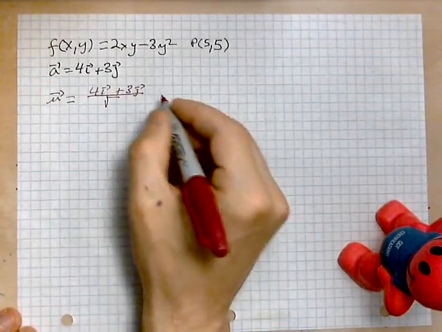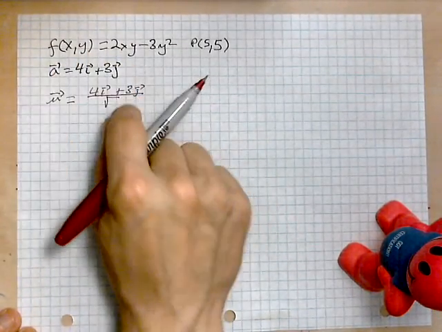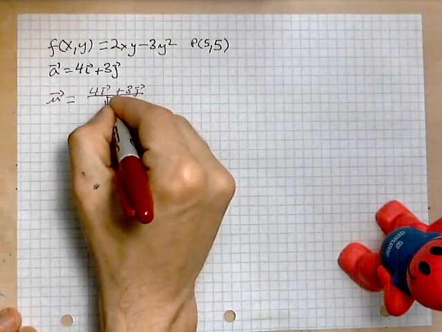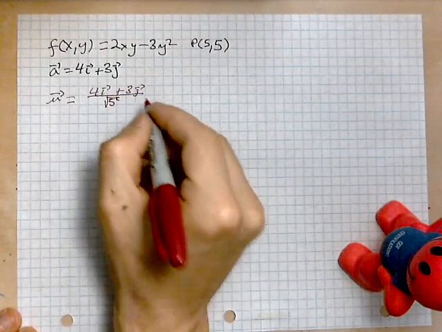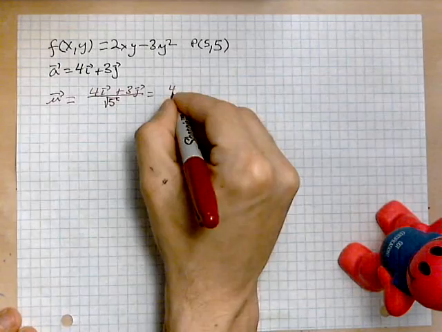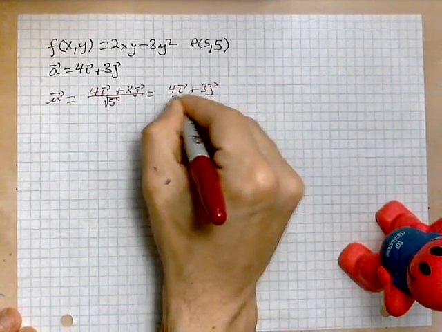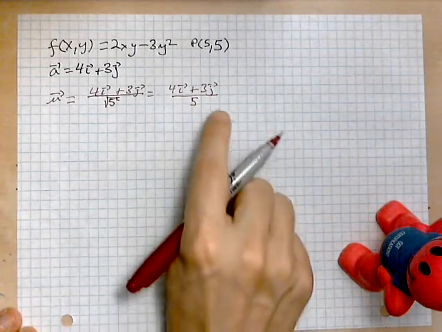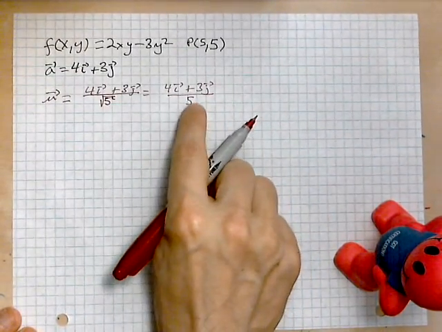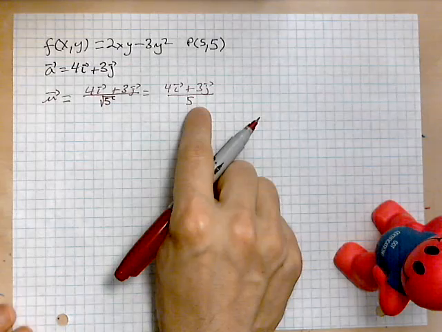This is a common 3, 4, so that means the last side is 5. Squared, which then gives 4i plus 3j over 5. So this is our unit vector.